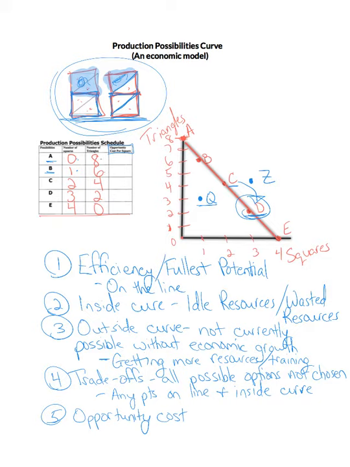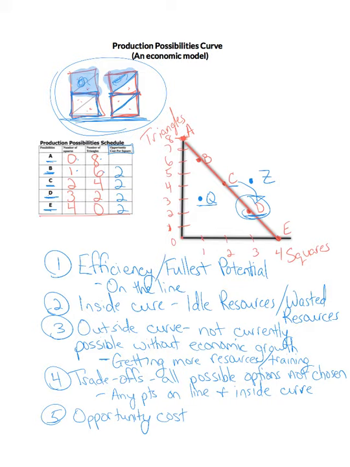Because I go from 8 to 6. So my opportunity cost is 2. Going from B to C, in order to get 1 more square, how many triangles do I have to give up? Again, 2. Going from C to D, again, 2. And going from D to E, I again give up 2.